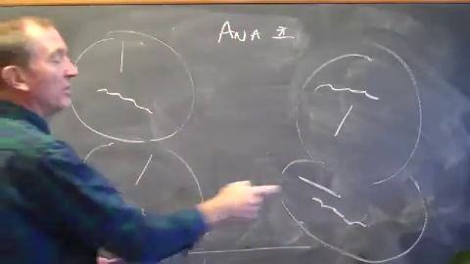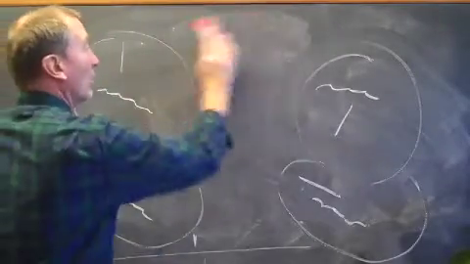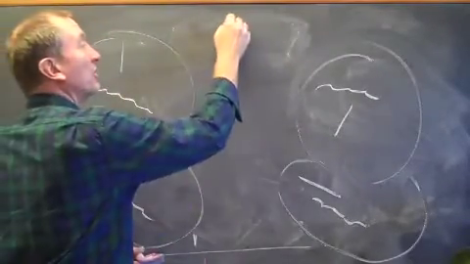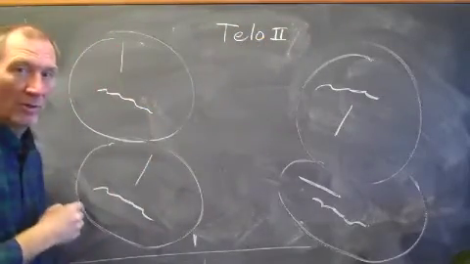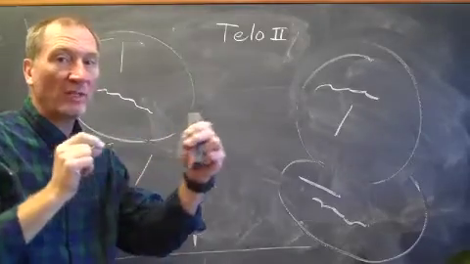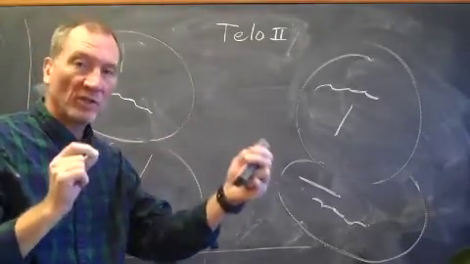And so we have 1, 2, 3, 4 cells that result from meiosis, and this would be telophase 2. So the first division separates homologs, and the second division separates sister chromatids.